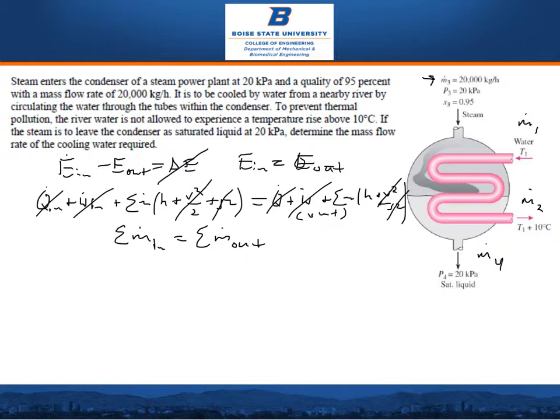So continuing on with our equation, we're going to have M dot 3 H3 plus M dot 1 H1, those two coming in, is equal to M dot 4 H4 plus M dot 2 H2.